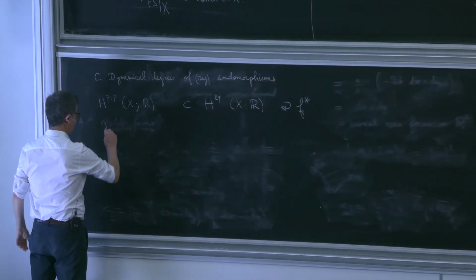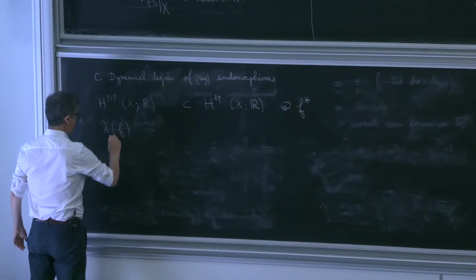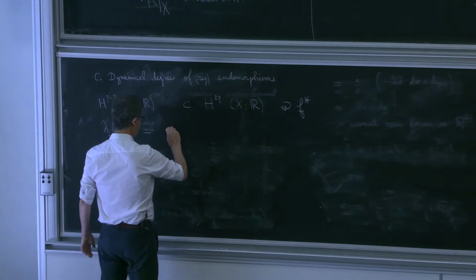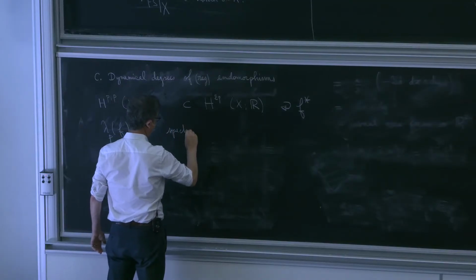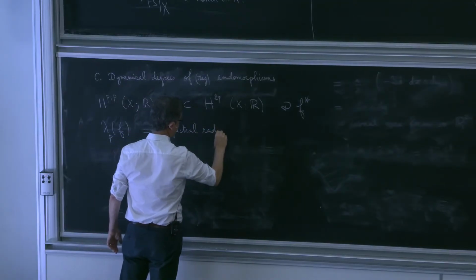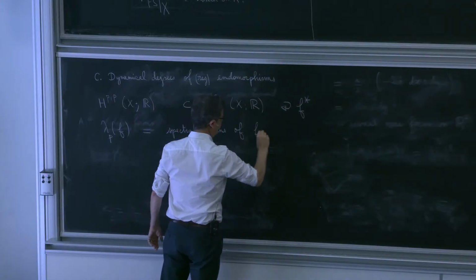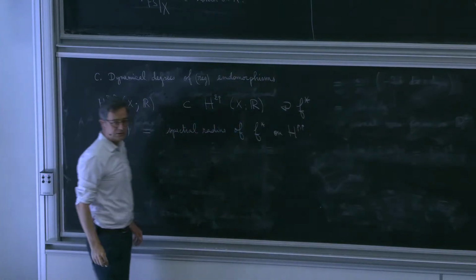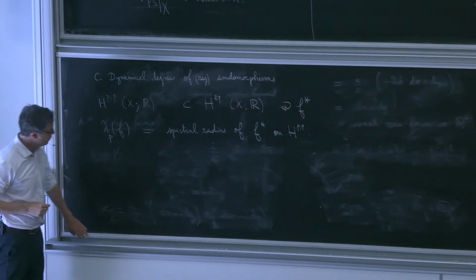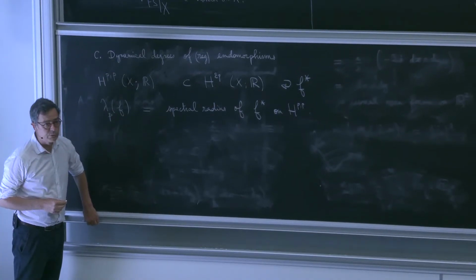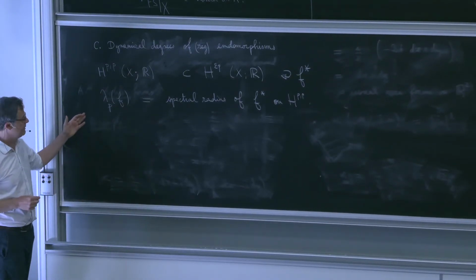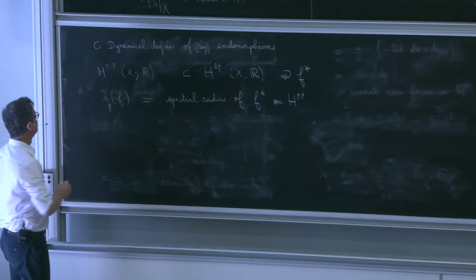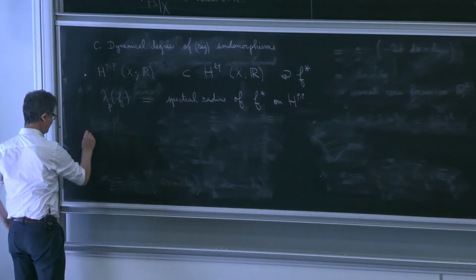And what we defined is lambda of f in degree p, or codimension p, is the spectral radius of f star on H^{p,p}. This is the definition I took, and I want to compare it to the definition that Charles Favre was using last week. So that's the first thing that I want to do.